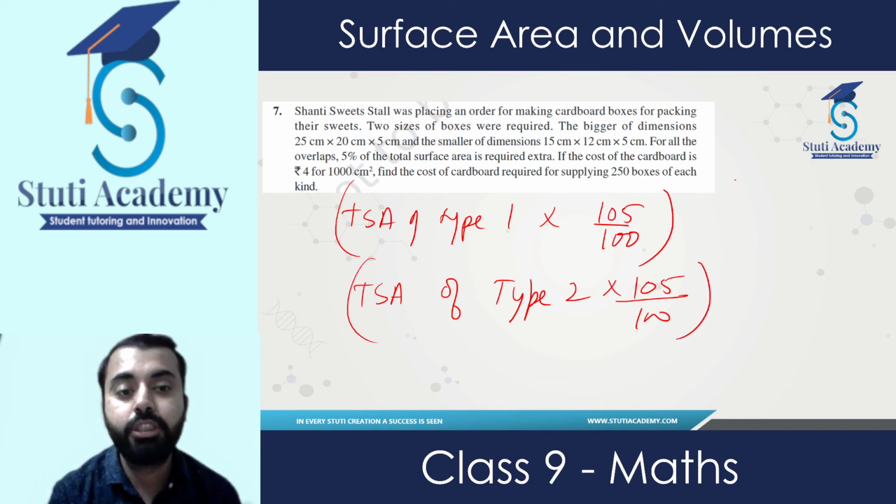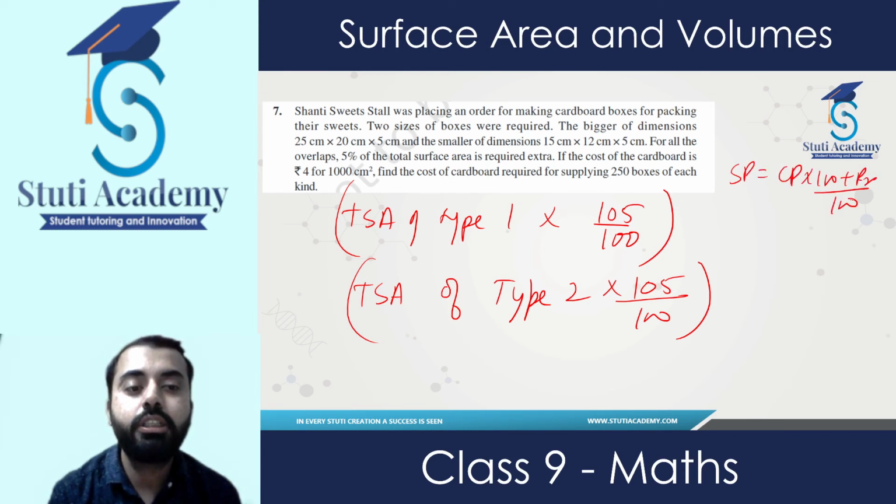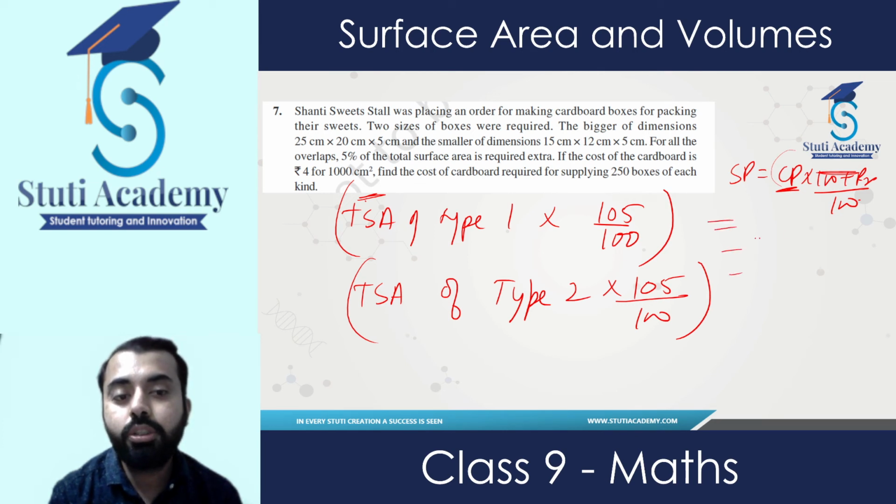If you guys remember your SP formula, you know this, CP into 100 plus profit over 100, right? Now, considering TSA is your CP and 5% is your profit because we are taking extra, TSA into 100 plus profit, 5, divided by 100.